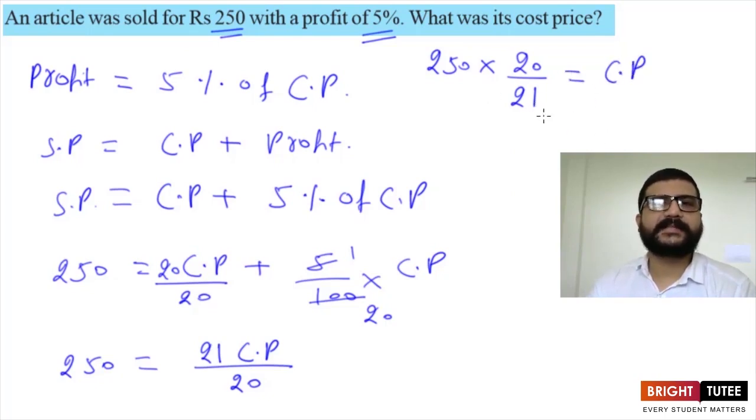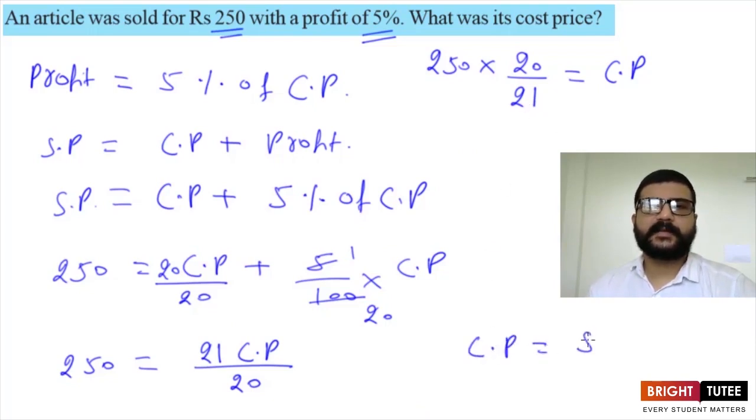Now let's simplify this. So from here we will get CP is 5000 divided by 21. Now we can keep the answer as it is or we can find the decimal representation as well.